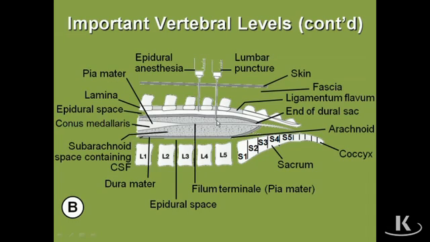If you want to administer a spinal anesthesia, then you have to get into the subarachnoid space. On the other hand, if you want to introduce an epidural anesthesia, then you would get into only as far as the epidural space and not penetrate the dura and arachnoid, staying in the epidural space.